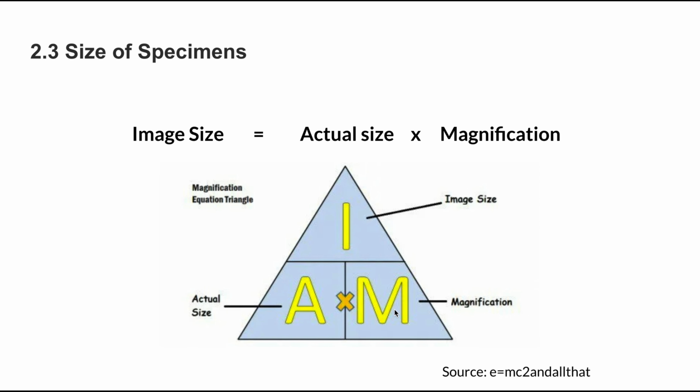And the actual size is the quotient of image size and magnification. You can see the line here and the positioning as a fraction where image size is divided by magnification. And for the magnification, you can divide the image size by the actual size.